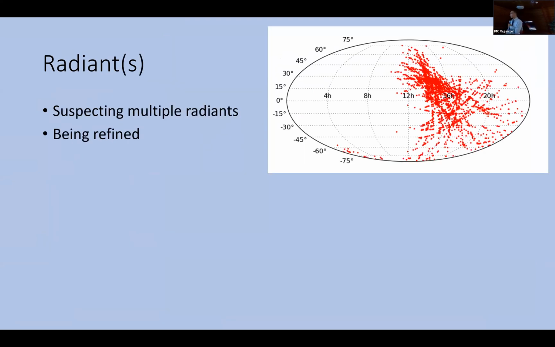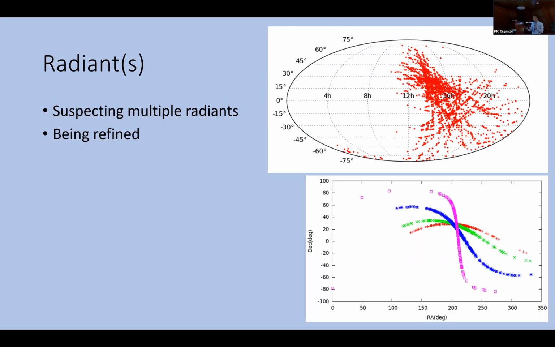Then we started searching for radiants, and first we had a feeling just by looking at the videos that there are multiple of them. The first method was just to have a great circle fitted to each of our meteors and find the crossings of all of them. This is not so much helpful.